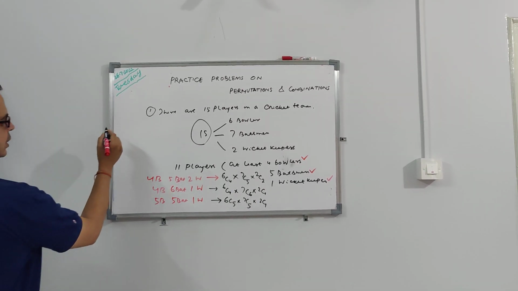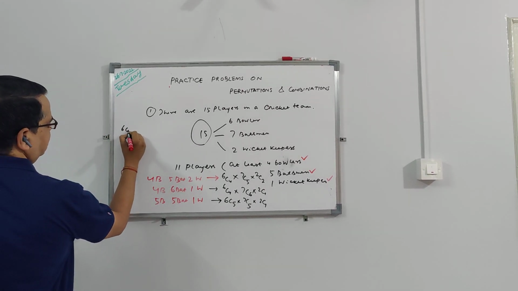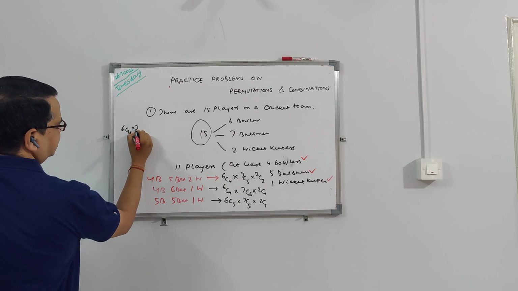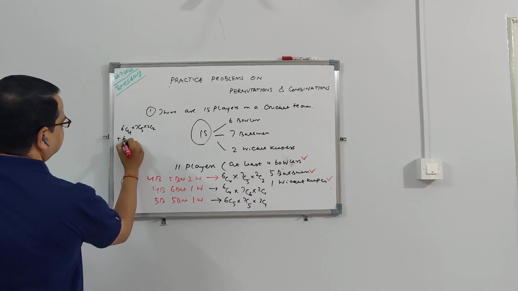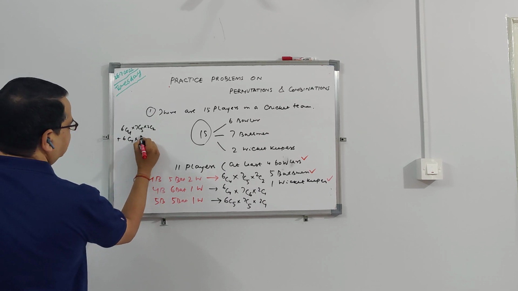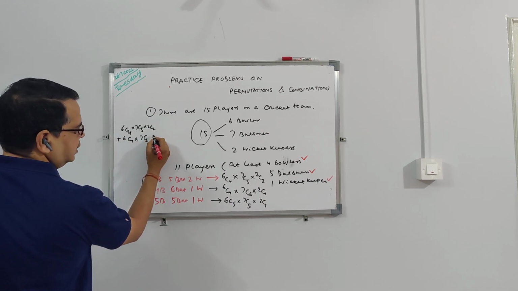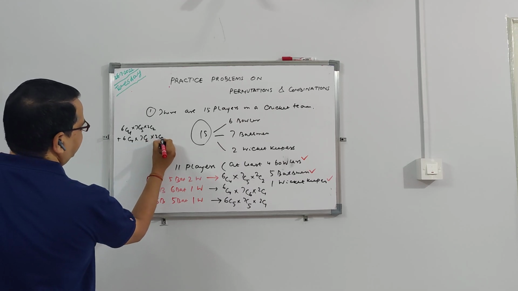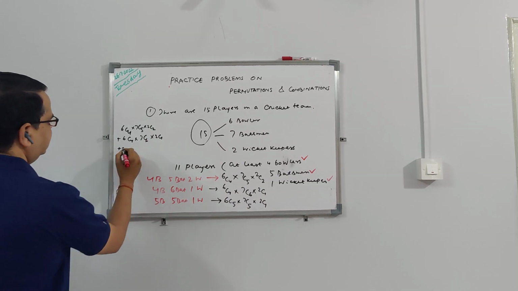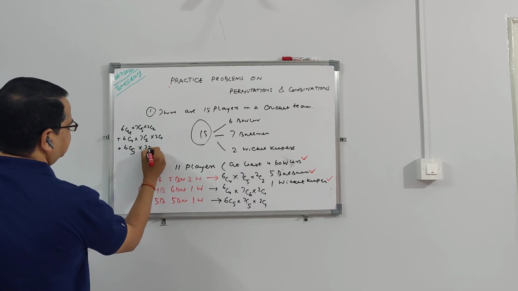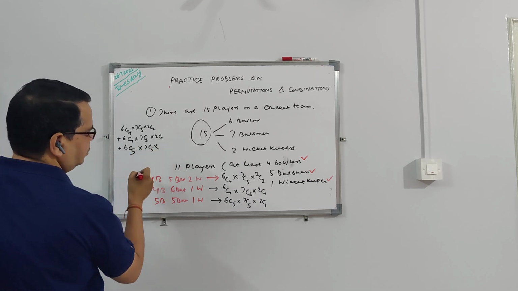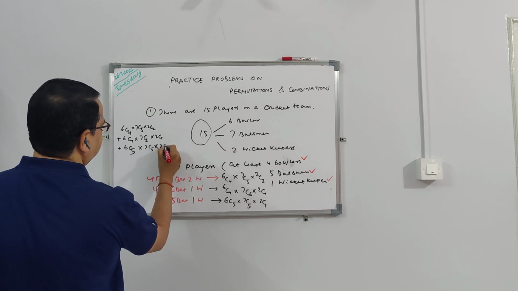So the final answer is 6C4 into 7C5 into 2C2 plus 6C4 into 7C6 into 2C1 plus 6C5 into 7C5 into 2C1.